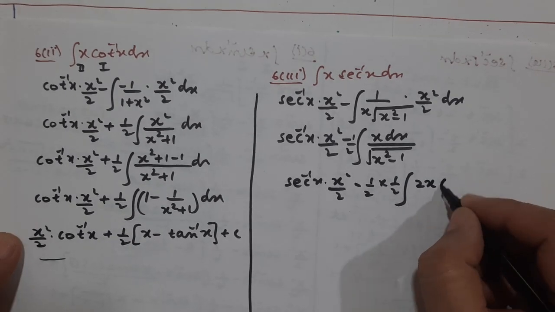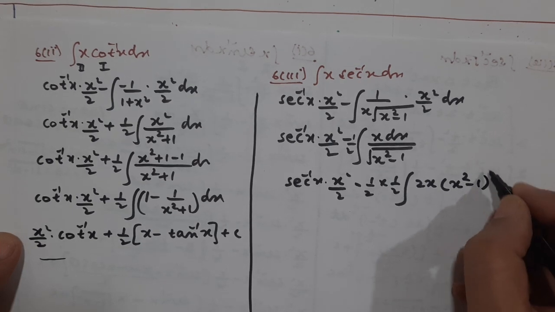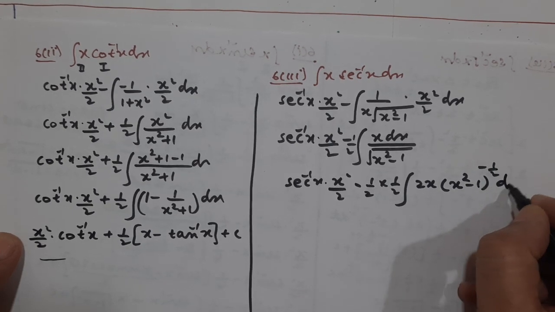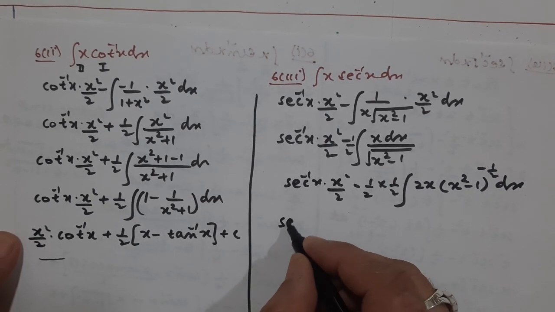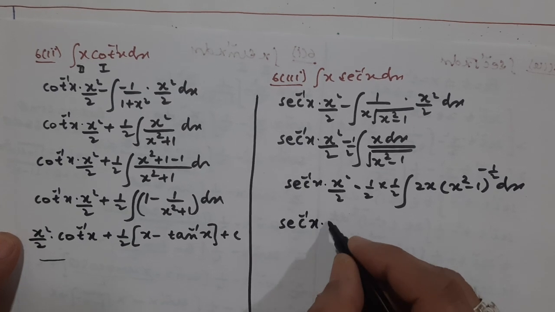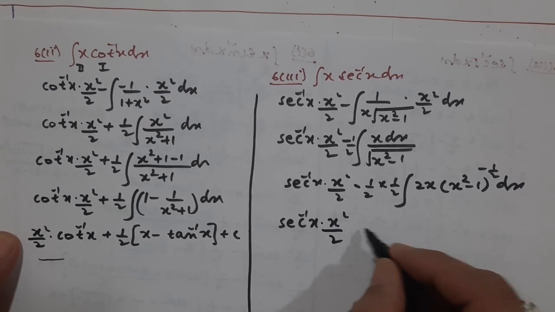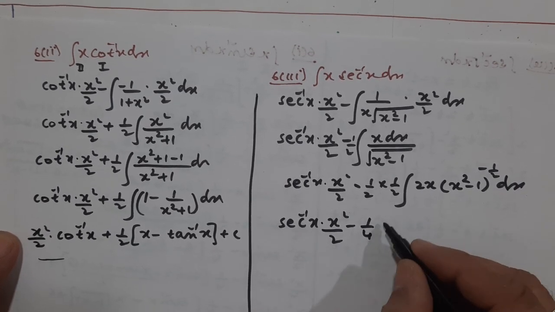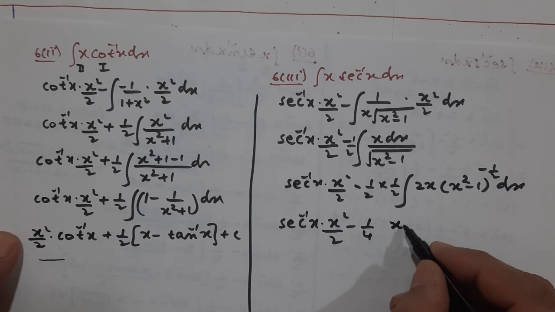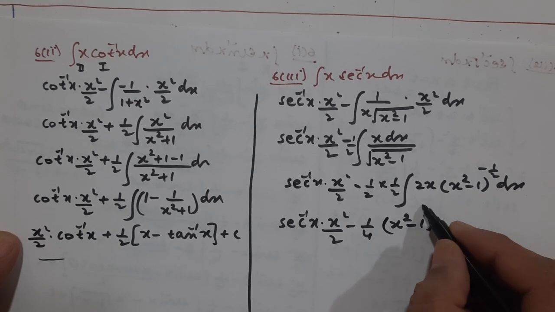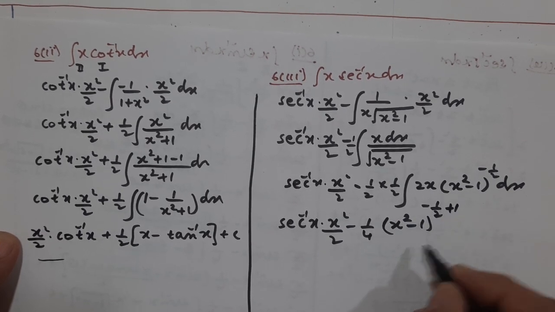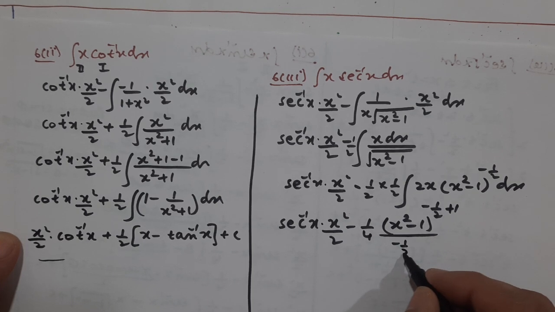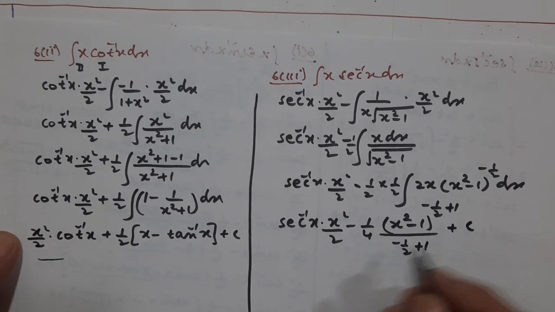Here we get 2x and x square minus 1 to the power minus half dx. So this becomes secant inverse x square upon 2 minus 1 by 4. Now after integrating, this will be minus half plus 1 upon minus half plus 1 plus c.